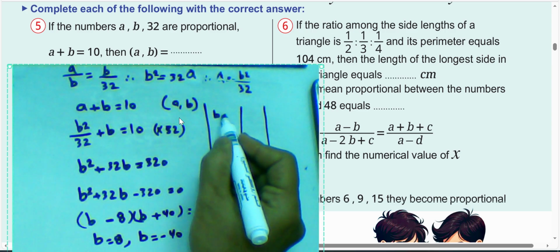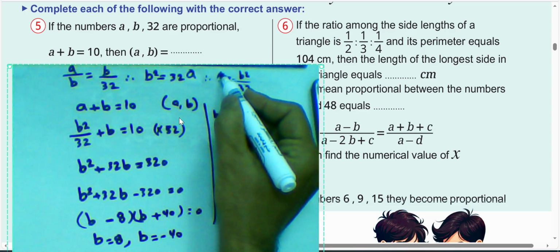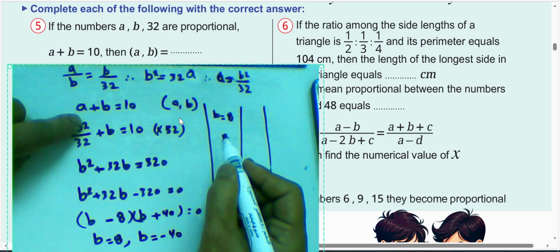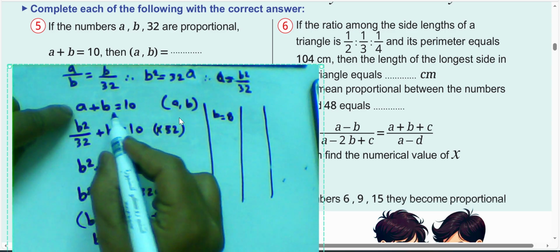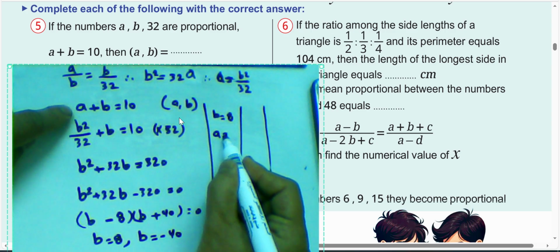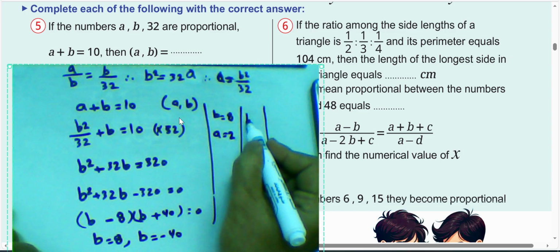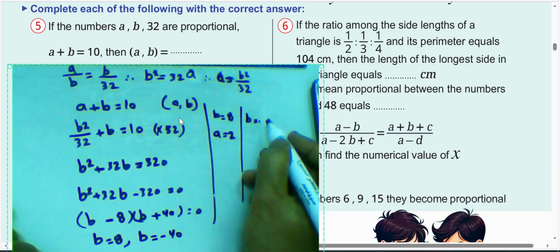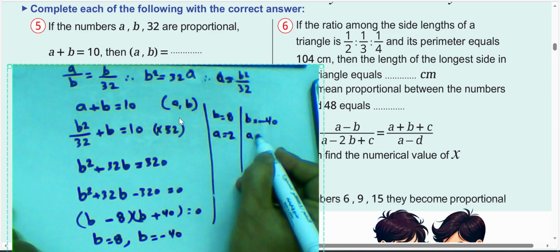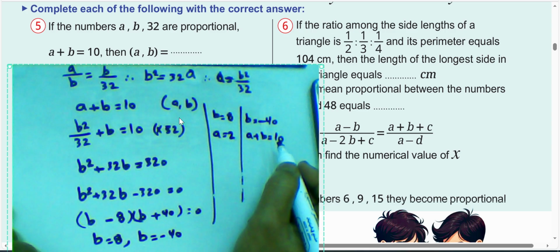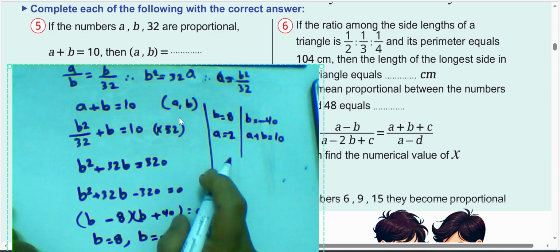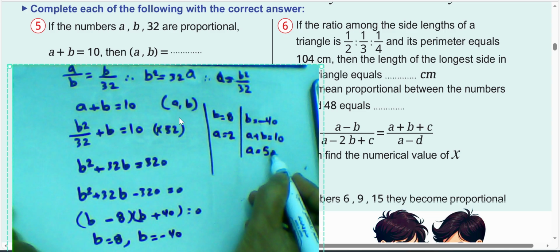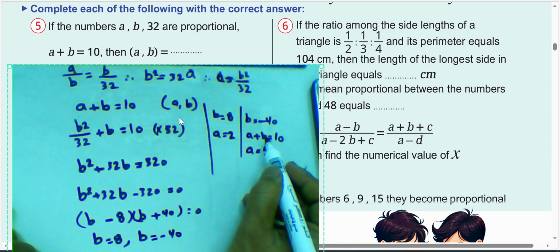We have two solutions. If b equals 8, we can find the value of a. We have a plus b equals 10, so a will be 2. When b equals negative 40, since a plus b is 10, the value of a will be 50, because 50 plus negative 40 equals 10.